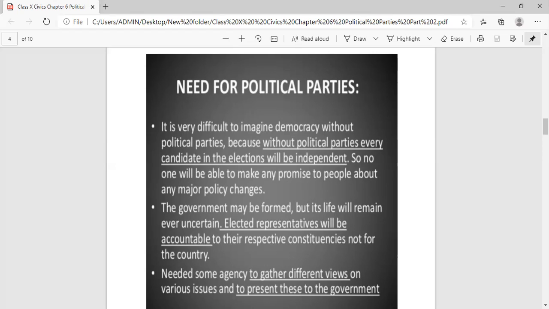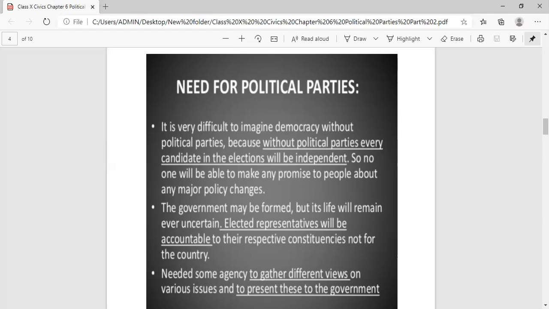No one will bother about how to run the government, or focus on the aggregate development of the country. Independent candidates may form a government, but it will always be uncertain and unstable.